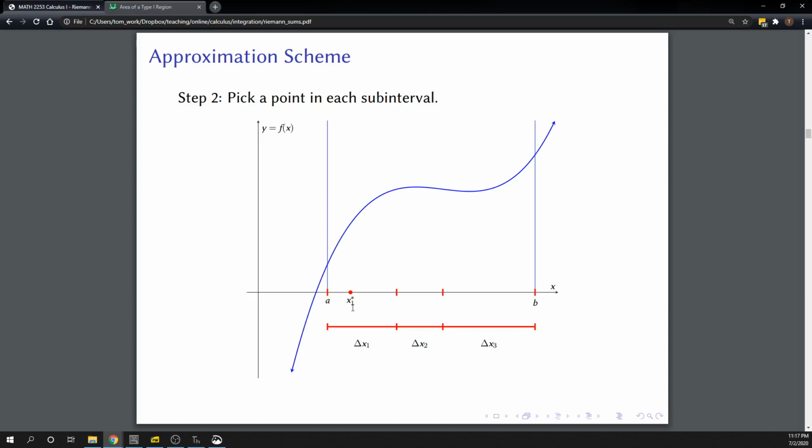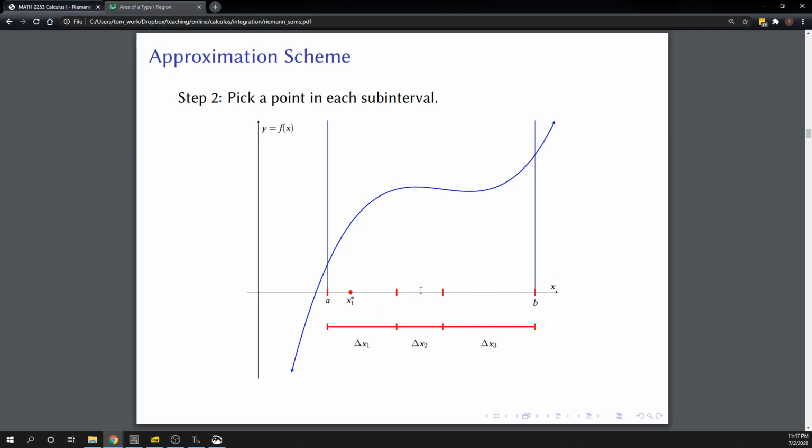The 1 subscript just means it's in the first subinterval. The little star, like a little asterisk, basically means that it was chosen at random, subject to some condition, and that condition is being in the first interval. It is just a number, so don't worry too much about that.